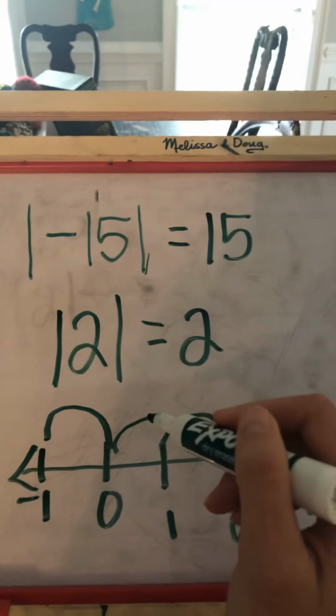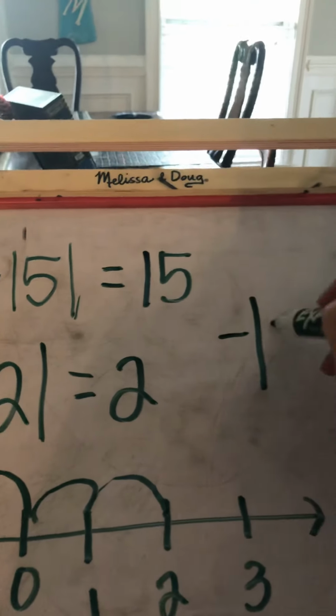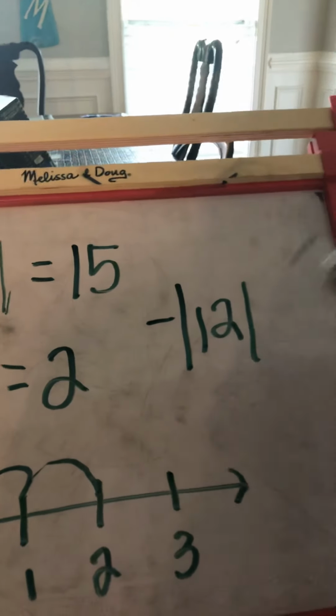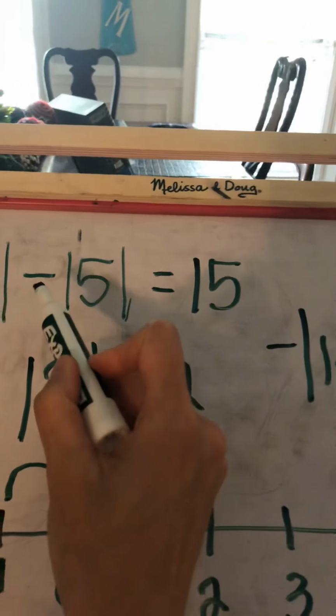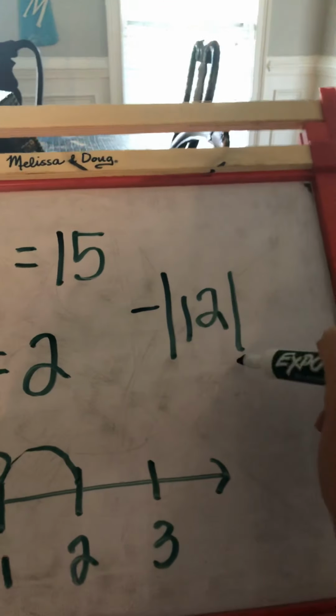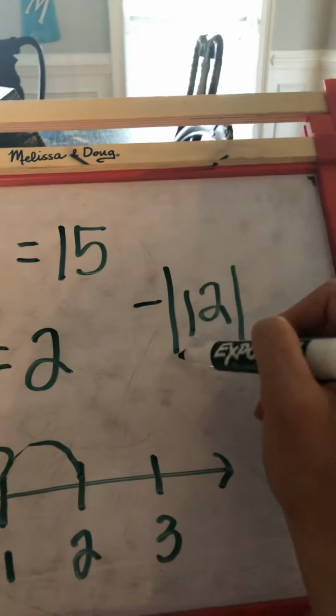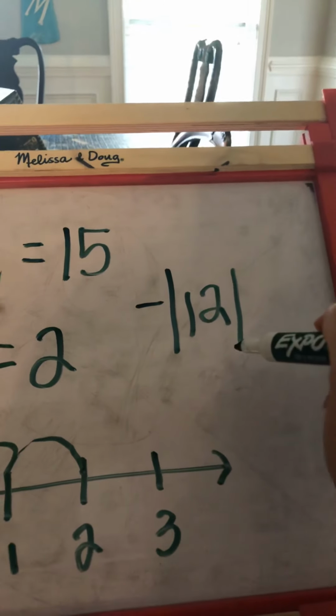Now, there is a trick, because you might see something like this. See where the negative's on the outside instead of on the inside right here? This is saying the absolute value of 12, because the 12 is inside of the absolute value sign.